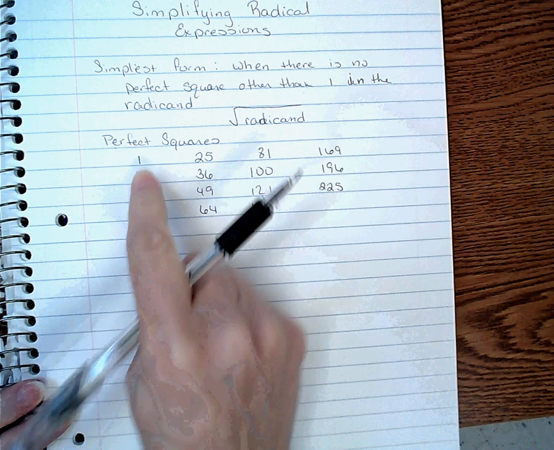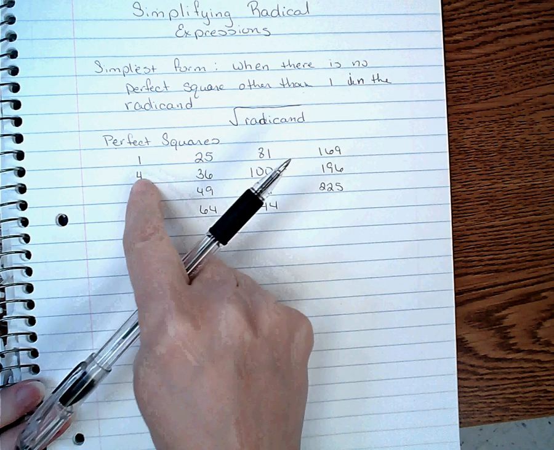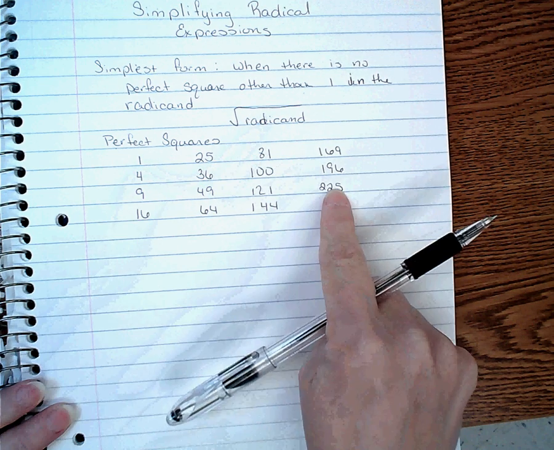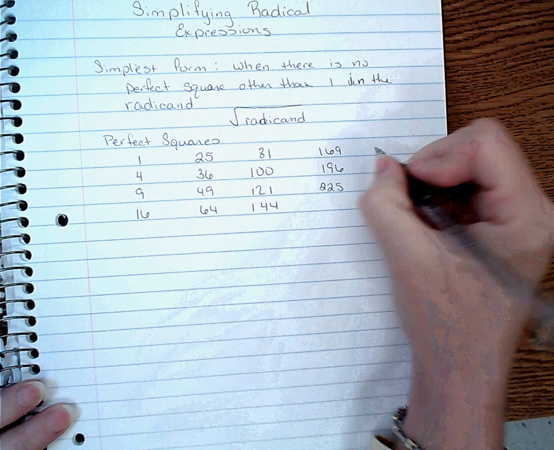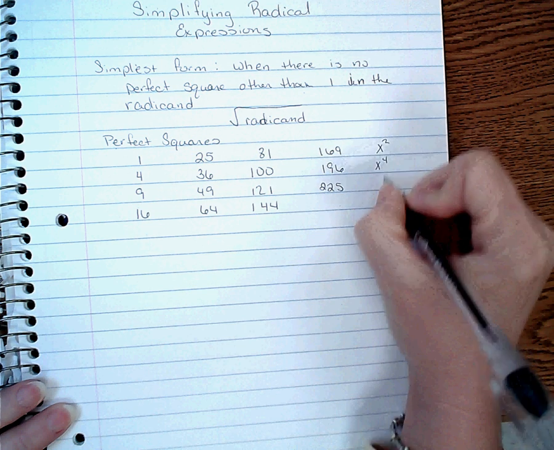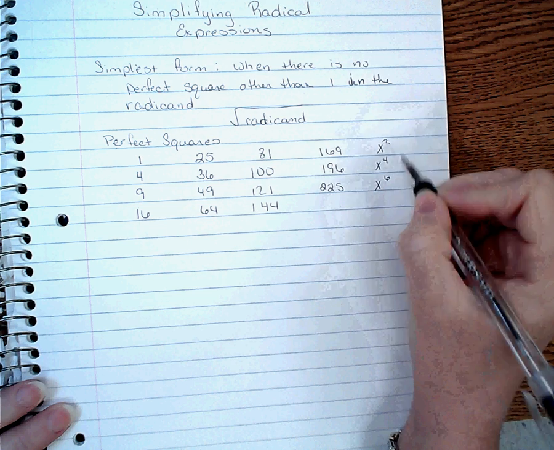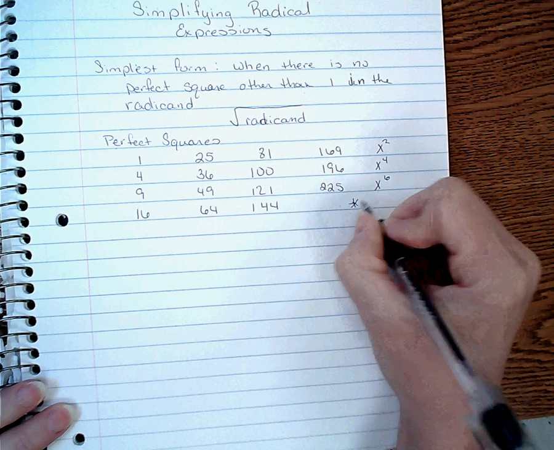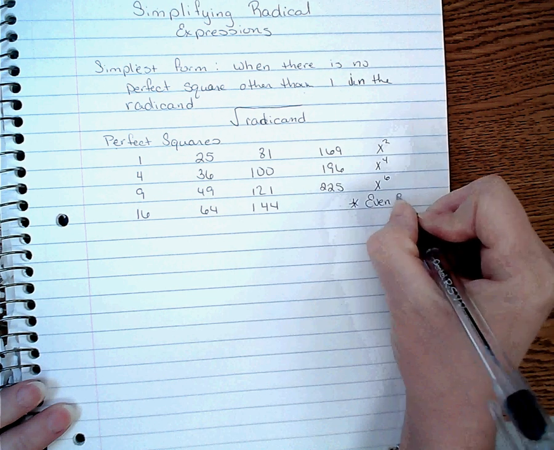Now those are numbers like 1 squared, 2 squared, 3 squared, all the way down to 15 squared. Now, just to let you know, x squared is a perfect square, x to the 4th is a perfect square, x to the 6th are a perfect square. That's because you have even exponents.